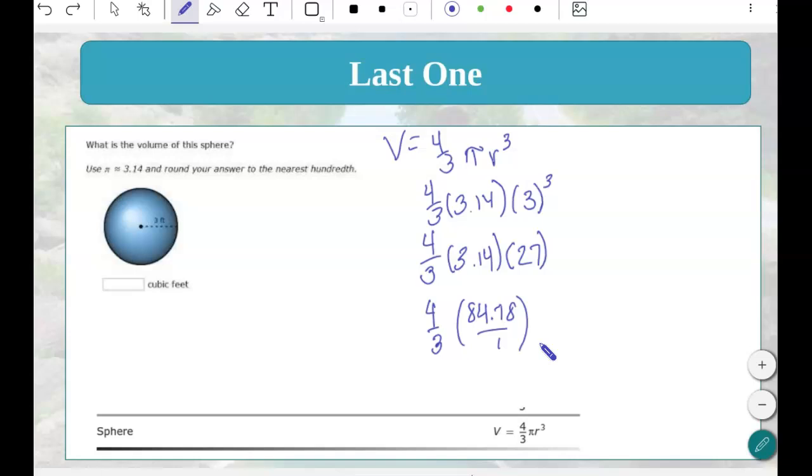I'm going to take that answer, multiply by 4, and I get 339.12. And then we're going to divide by 3, always using the calculator. 113.04. Isn't that nice? That is already rounded. So there's your answer for that one.